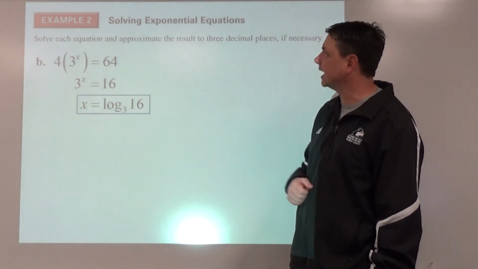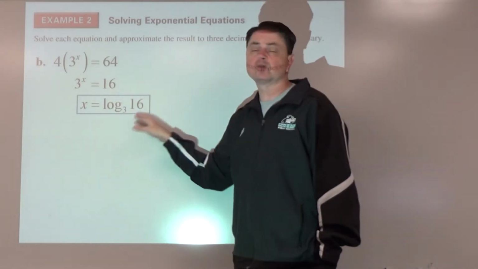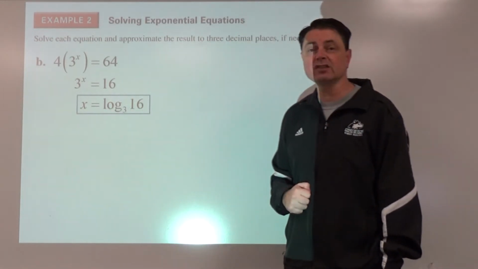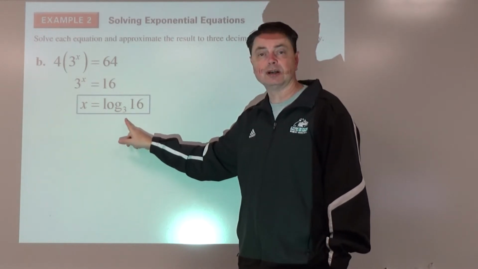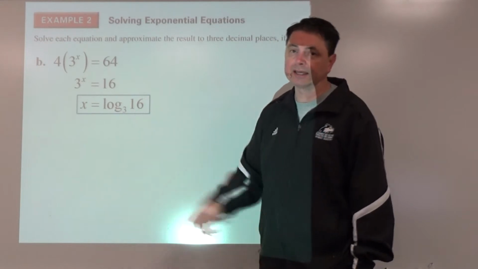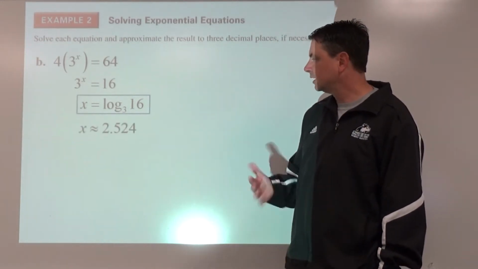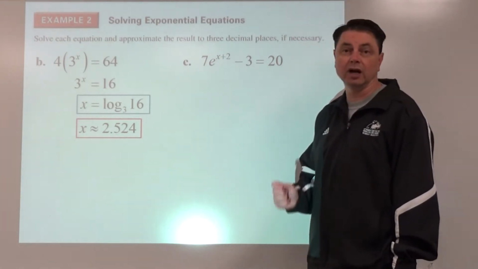And that's our exact answer. And then approximate to 3 decimal places. This is where we would use the change of base formula and do log 16 divided by log 3. Or if your graphing calculator allows you to directly input it like that, that's fine too. We get about x to be 2.524 approximately.